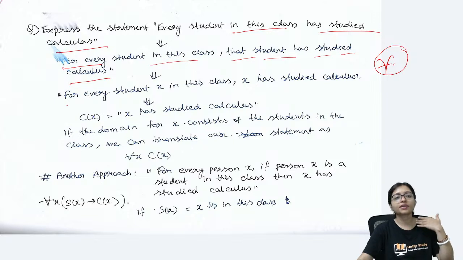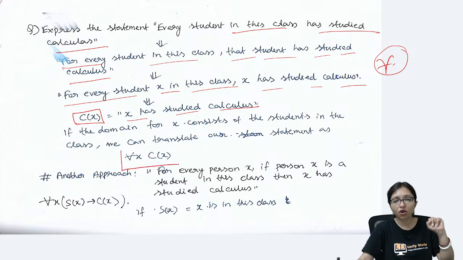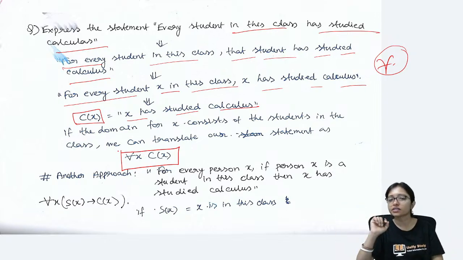Another way I can represent it, for every student x in the class, x has studied calculus. So C(x) is the predicate here, that is x has studied calculus. Then I can write this sentence as for all x C(x). C(x) is representing here x studied calculus. I can write like this.